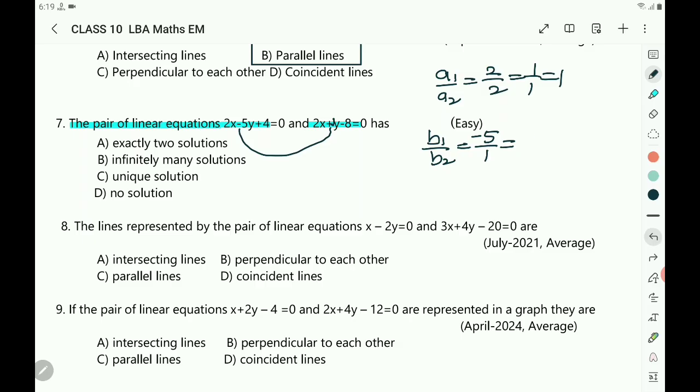Minus 5 by 1 and 1 are not equal. So you have A1 by A2 not equals to B1 by B2, which means unique solution, only one solution. Option C is the answer.